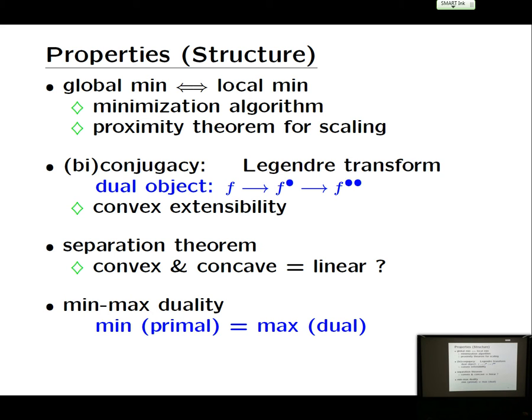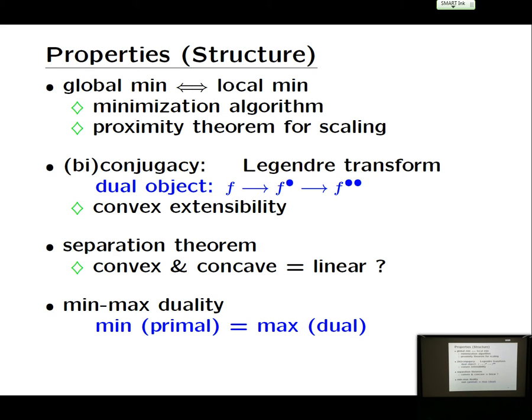These are really structural properties: conjugacy, whether the concept of dual can be defined or not, or the separation theorem, whether duality holds or not, or minimax duality. These two are related, almost equivalent, but they look different.